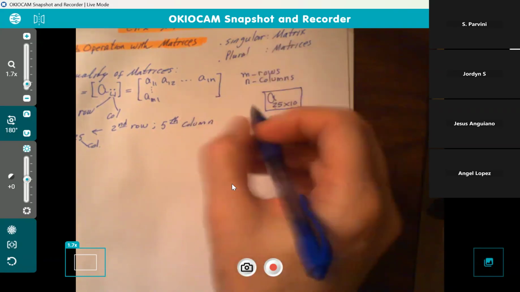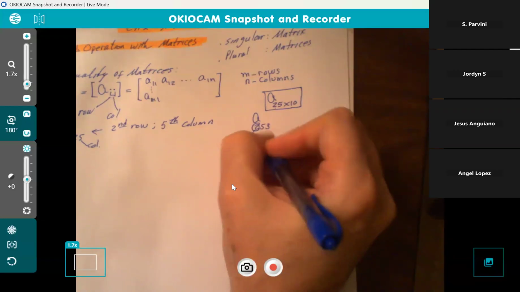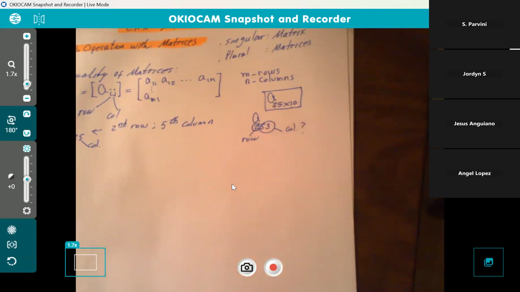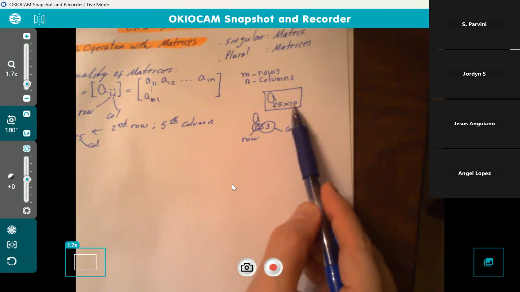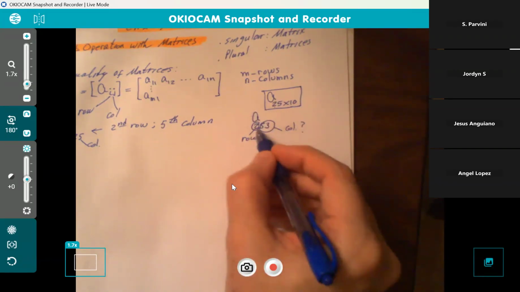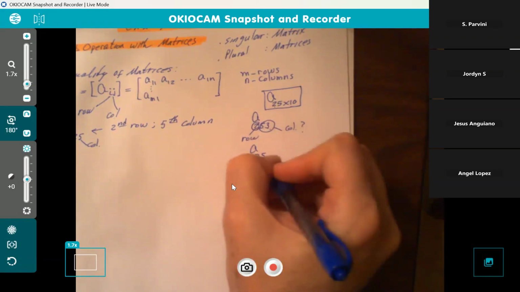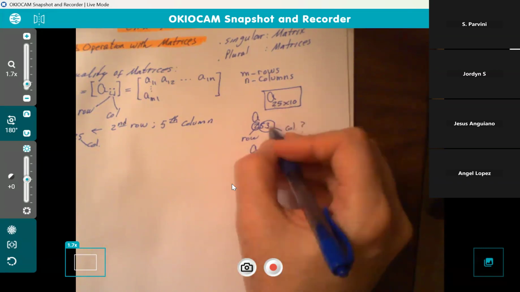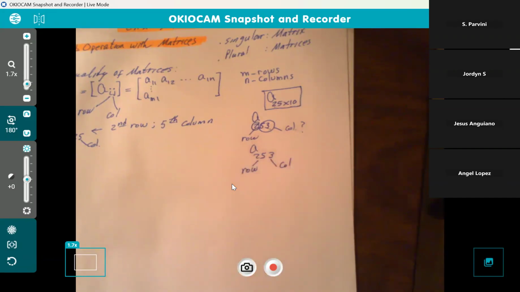Would it make sense to say that this is row 2, column 53? No, because I have 10 columns here. So if I have A sub 253, that means the 25th row, because I have 25 rows. So that's row 25 and then column 3. That's how that would work. You see that? Yeah. Okay, sure.